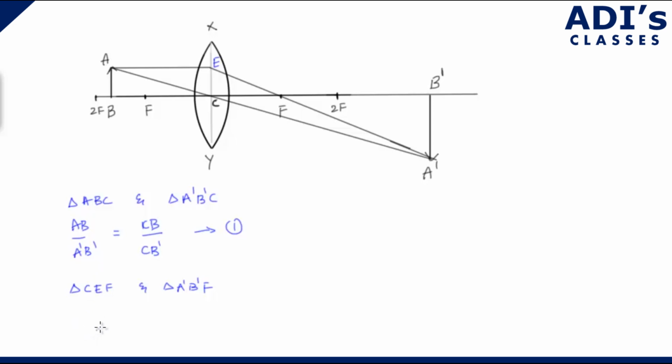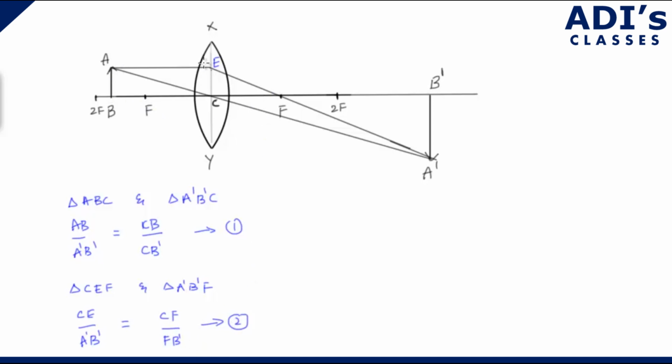So CE divided by A dash B dash is equal to CF divided by FB dash. Call this equation number 2.